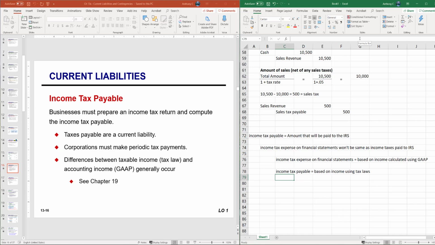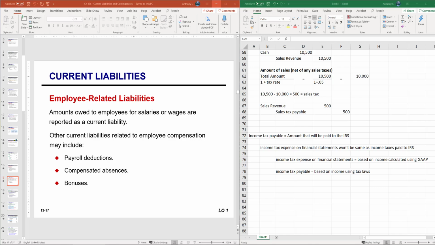We're going to learn how to deal with these differences in Chapter 19. But for now, what I want you to take from this is that income tax payable is based on tax laws. It's how much we need to give to the IRS, and this generally won't be equal to our income tax expense on our financial statements. Again, we'll come back to this later. Just get the big picture for now.